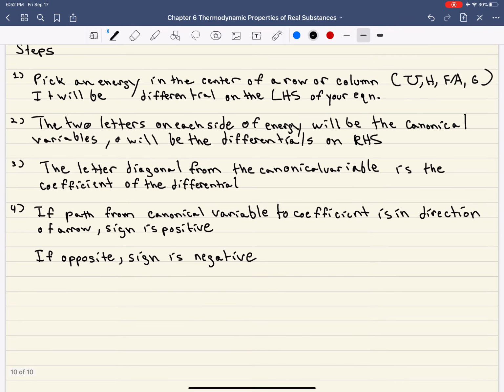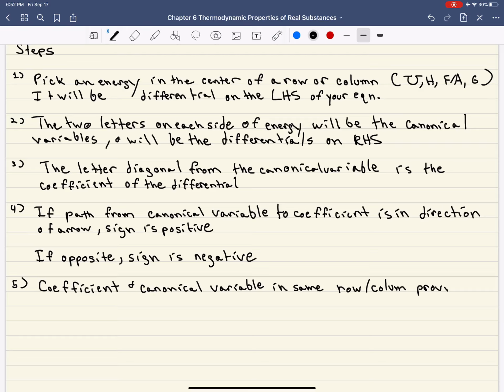The first 4 steps just deal with deriving the fundamental equation. The last step is for deriving the Maxwell relation. Here, the coefficient and the canonical variable in the same row or column provide the Maxwell relation.